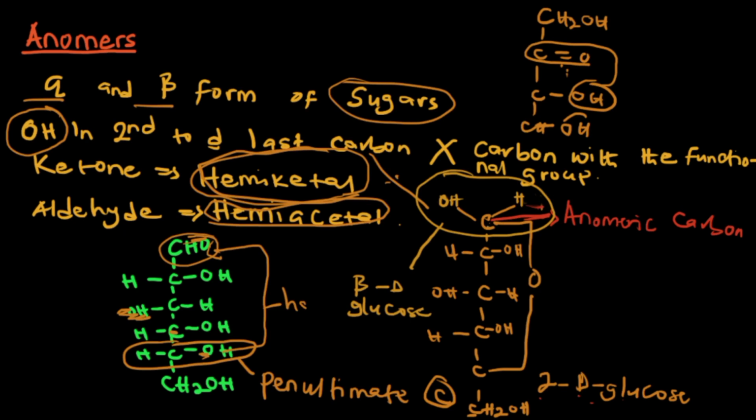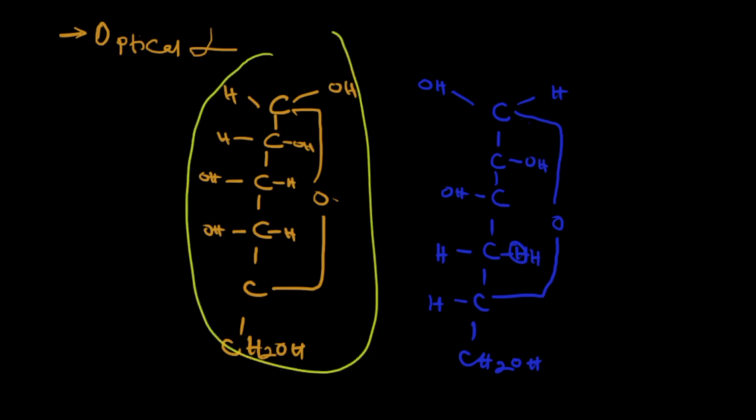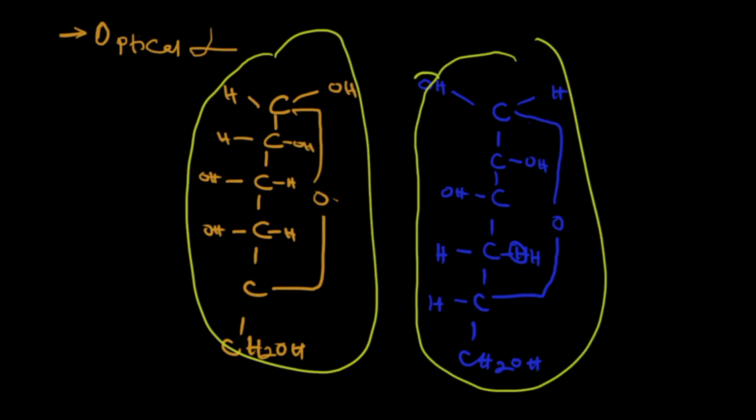So this is what anomers are. Anomers are the alpha and beta forms of a monosaccharide. They are the same compound, but the alpha will have a different rotation of plane polarized light, and the beta will have a different rotation of plane polarized light. This is alpha D glucose, and this is beta D glucose, because OH is to the left and that's why it is beta, OH is to the right and that is why it is alpha.